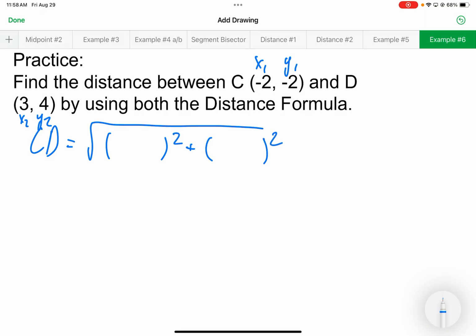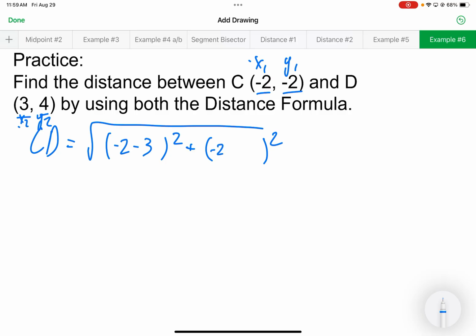As long as I choose the order the same each time, then I'm fine. I would do x2 minus x1, so 3 minus -2. But I could also do -2 minus 3, and as long as I'm consistent, I should still get the same answer, okay? So if I did -2 minus 3, I would have to do -2 minus 4 for the next one.